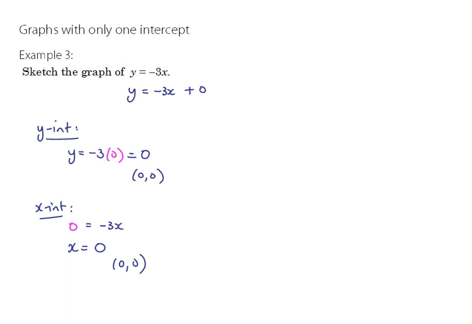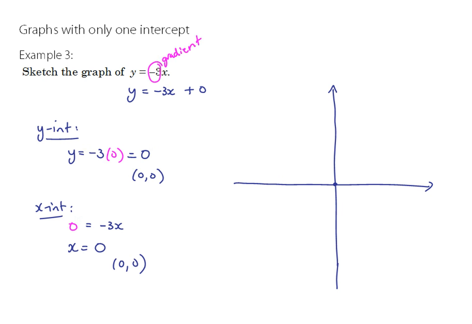So this presents a problem because we need 2 points to draw our graph, and we've only found 1 point in finding the x and y-intercepts. So in this case you do need to think about your gradient. So my graph goes through the point 0, 0, and it has a gradient of negative 3. So the coefficient of x is my gradient.